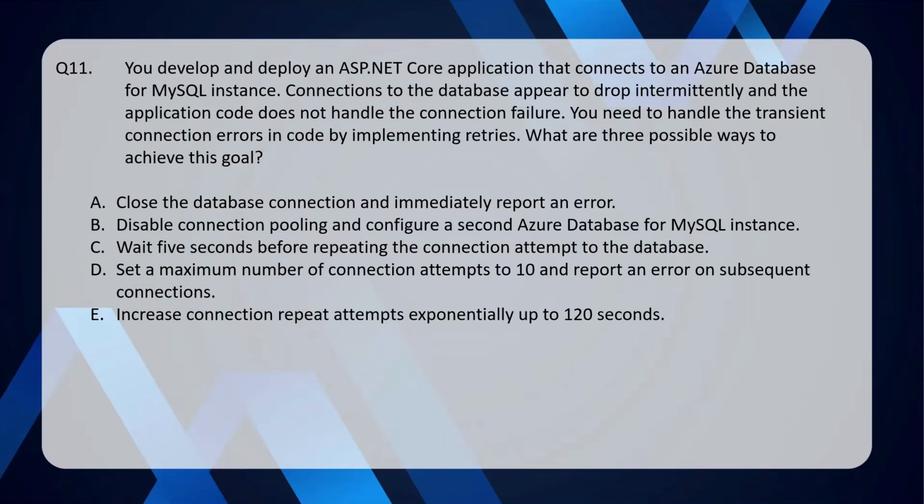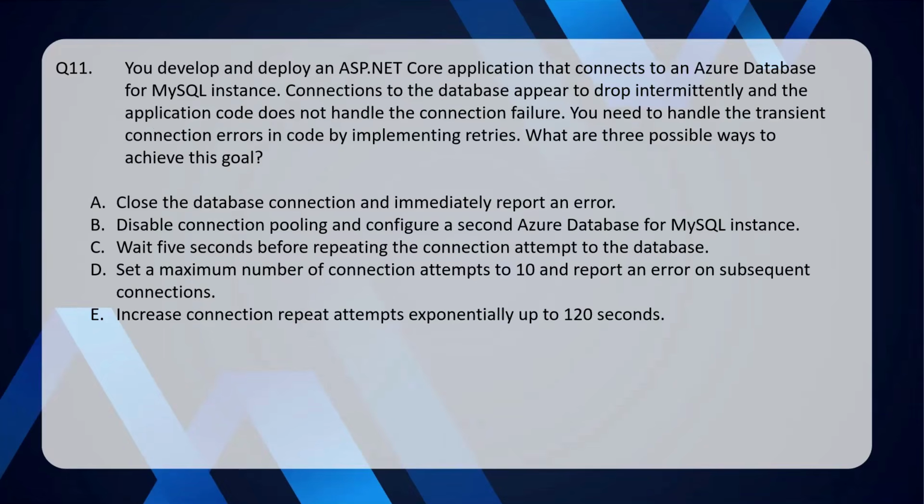Your options are close the database connection and immediately report an error, disable connection pooling and configure a second Azure database for MySQL instance, wait 5 seconds before repeating the connection attempt to the database, set a maximum number of connection attempts to 10 and report an error on subsequent connections, increase connection repeat attempts exponentially up to 120 seconds.